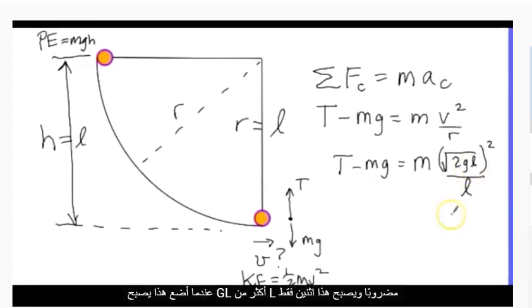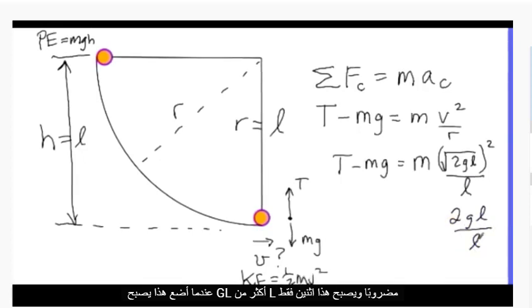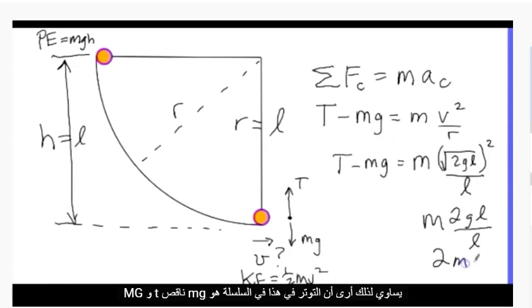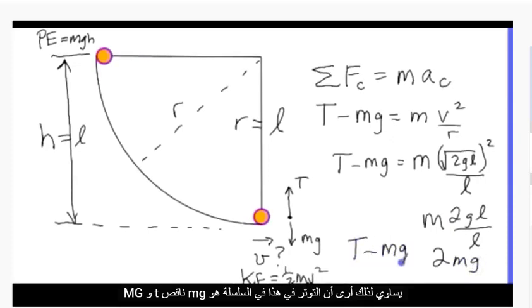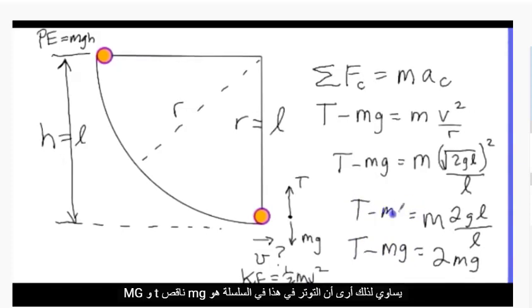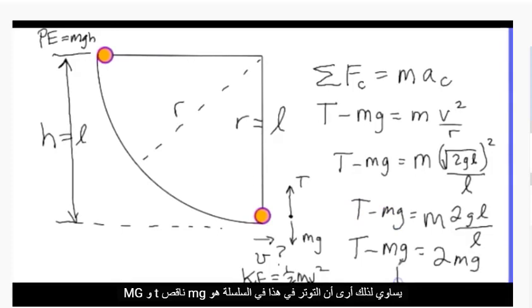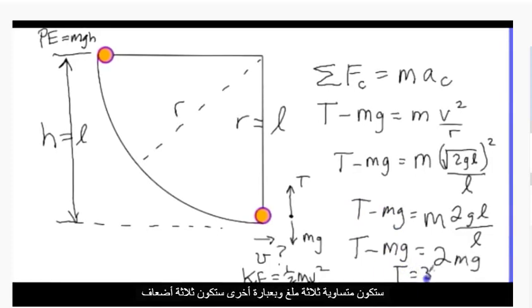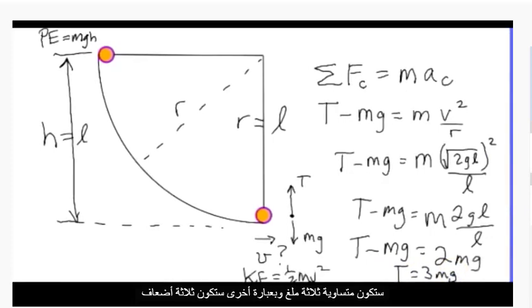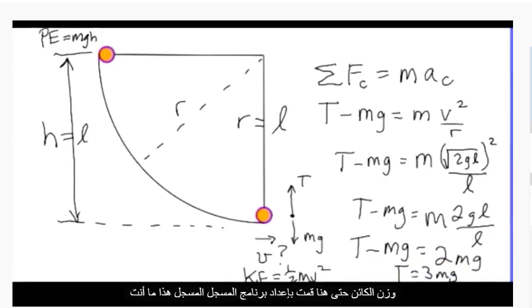When I square this, this becomes 2gl over L times m, and that just becomes 2mg, and T minus mg equals 2mg, so I see that the tension in the string is going to be equal to 3 mg. In other words, it's going to be 3 times the weight of the object.